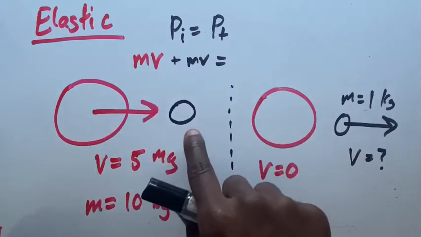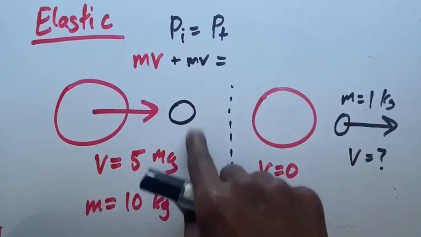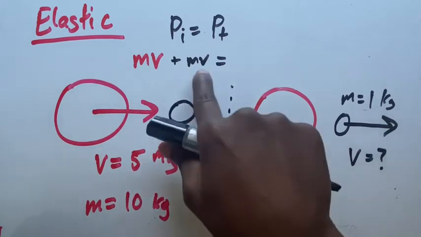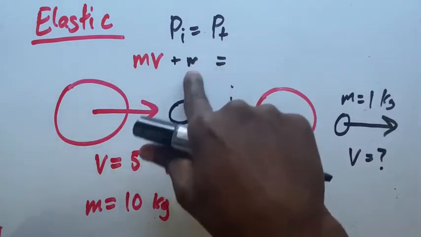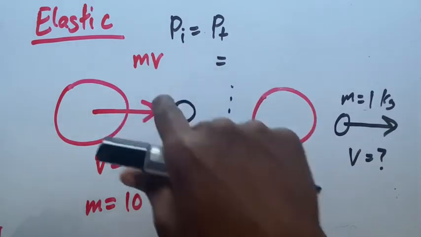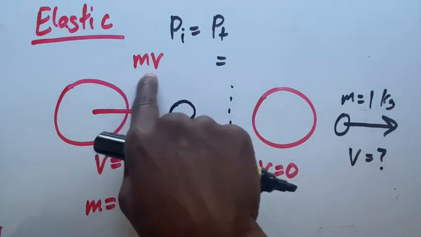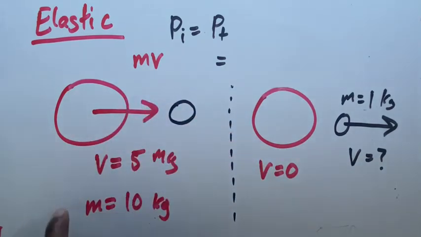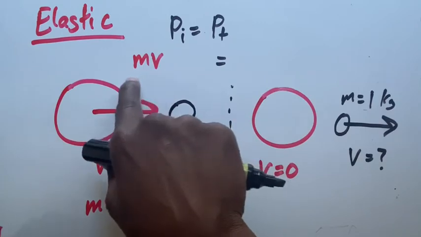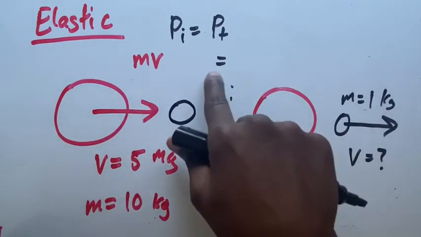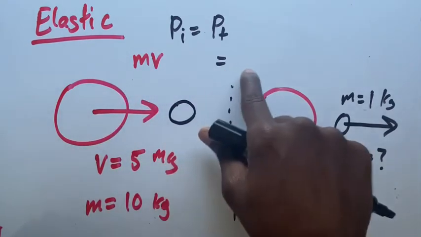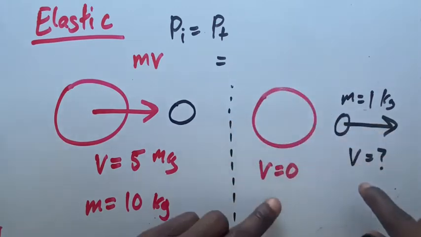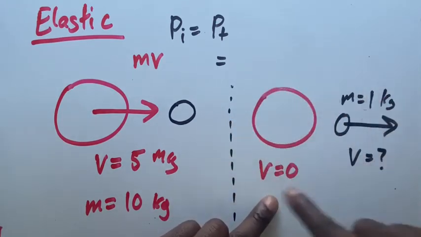Well, since this black ball isn't moving, the initial momentum for it is going to be 0. So we can basically ignore that part. And so we're just left with this bigger ball, mass times velocity, as the initial momentum. And that's going to be equal to the final momentum, which is this scenario over here.